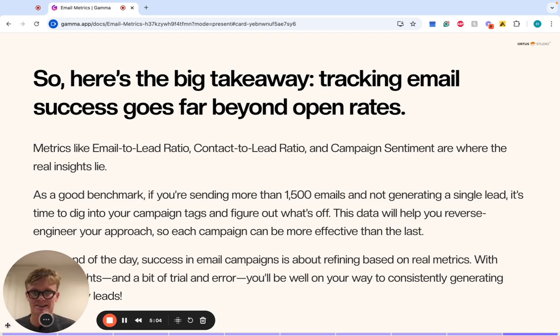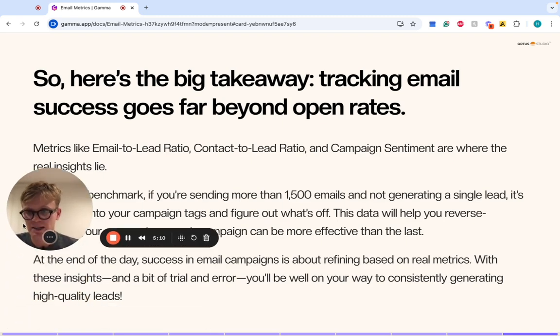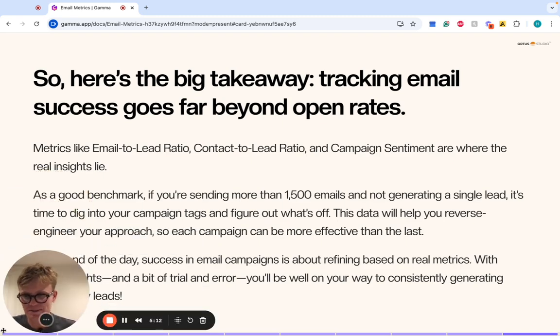This data will essentially help you reverse engineer your approach so that each campaign can be more effective than the last. If you send 1,500 emails and don't get a single reply, look at that approach, but you may also have a deliverability problem. That's something I haven't talked about today, but it's also something you'll want to look into.